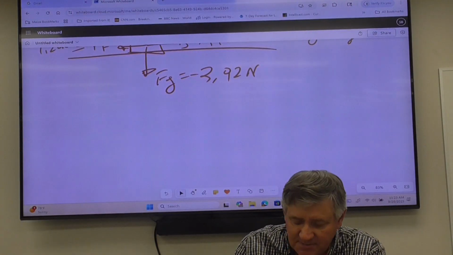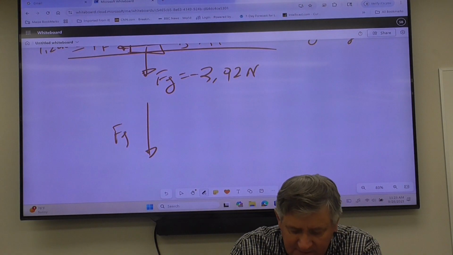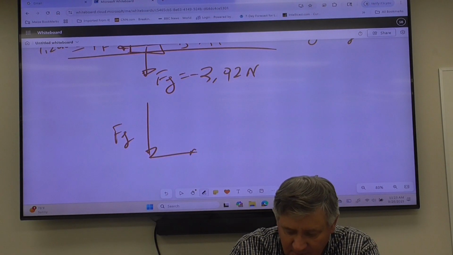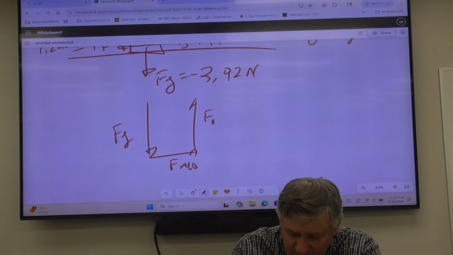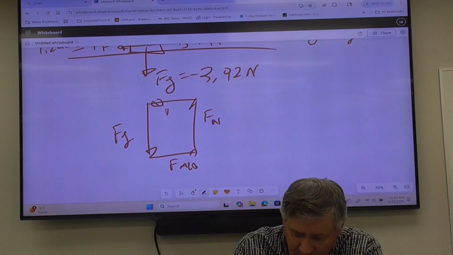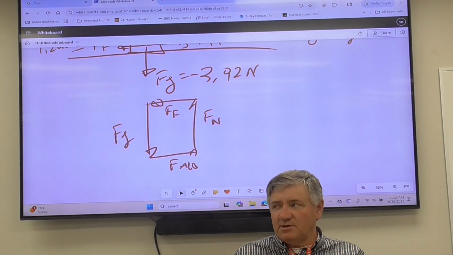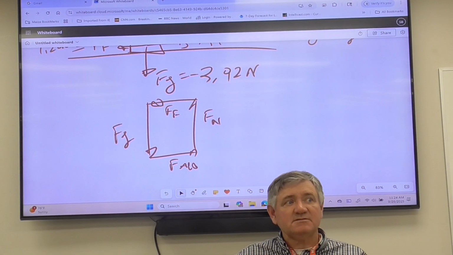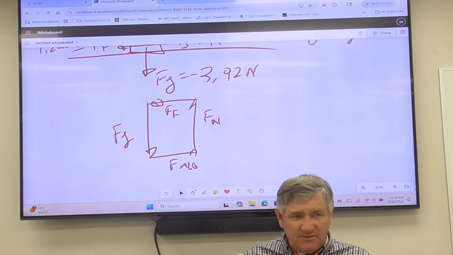Then you're going to draw it tip to tail. Personally, I always draw my gravitational force first, then I do my force applied, then my force normal, and then my force friction. Okay? You should end up back at the origin because you're at a constant velocity. There's no imbalanced force.